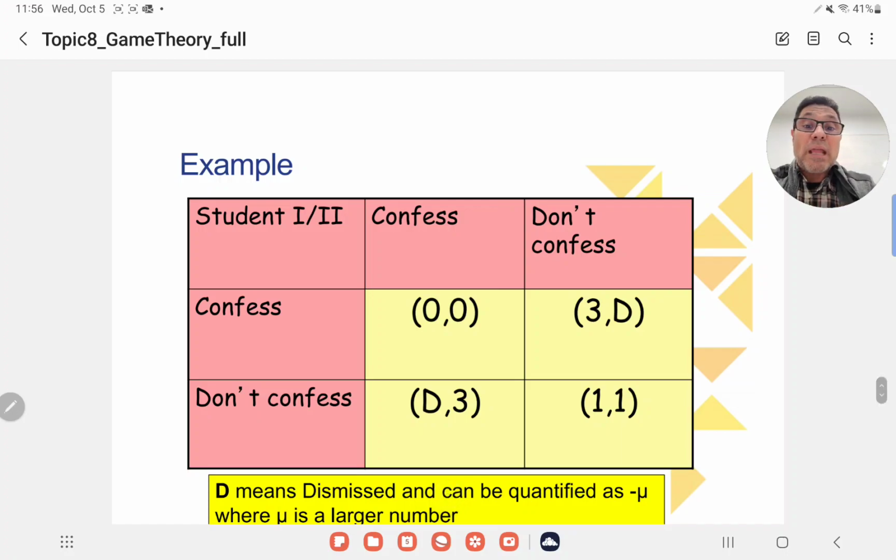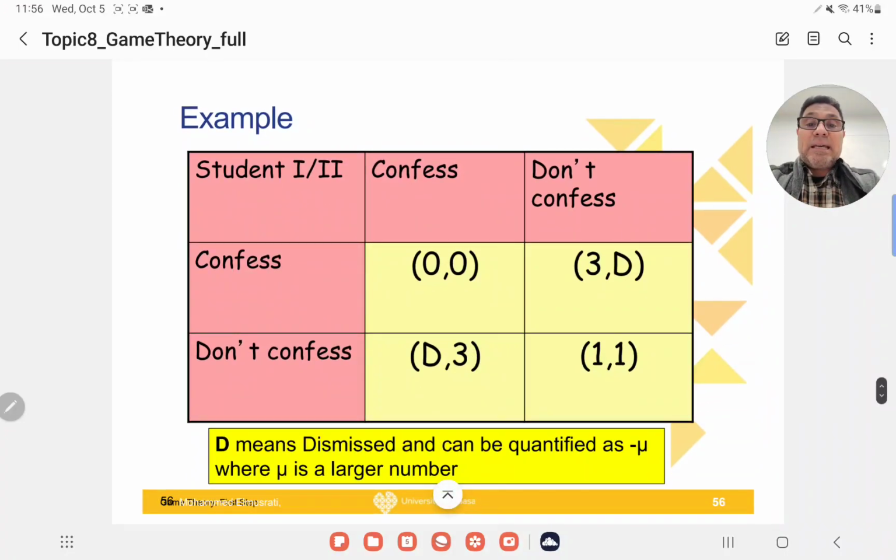You can see here that if both students confess, it means that both of them tell the truth about the situation, then both of them will get 0 in the course. So they have to repeat the course or maybe come to the next retake exam.